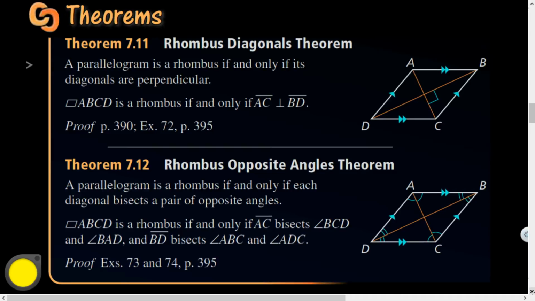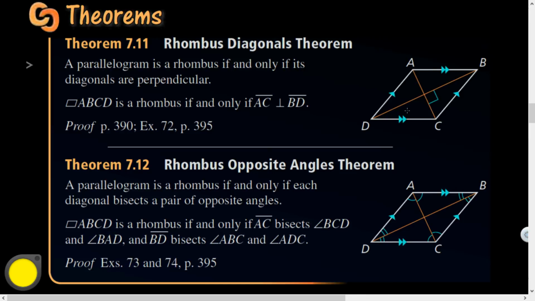The rhombus diagonal theorem. Guys, check this out. Shh. Amigos. Gentlemen, in the back, on the side. A rhombus diagonal theorem. A parallelogram is a rhombus if and only if its diagonals are what? Perpendicular?